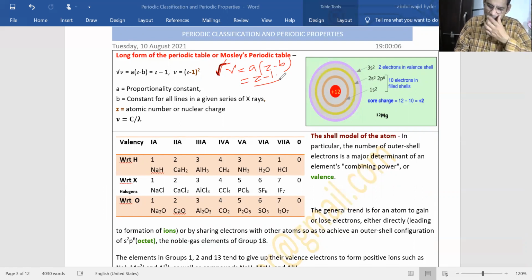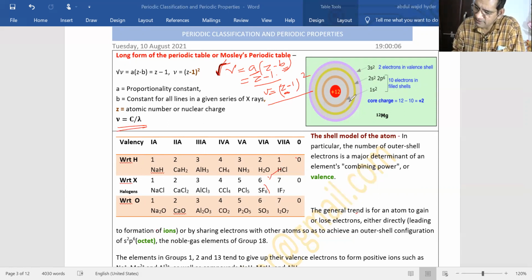So nu is equal to a times Z minus 1 whole square. Now see what a is. a is a proportionality constant. b is a constant for all lines in a given series of X-rays. Z is the atomic number or nuclear charge. Fine. So all these notations, Z, b, a, nu, are covered. Nu is equal to c upon lambda. This formula is also there.